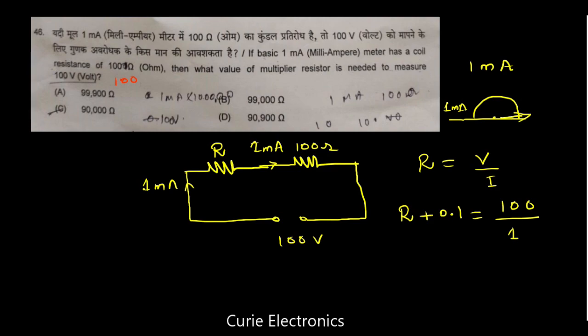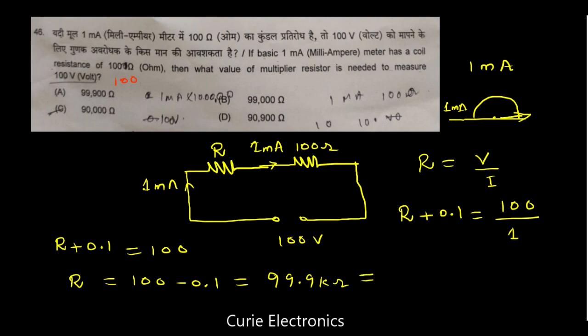So I will get R plus 0.1 kilo ohm equal to 100. Now R equal to 100 minus 0.1. This is equal to 99.9. It is in kilo ohms. If I want to convert it into ohms, I will do 99.9 multiplied by 1000. What I get? 99900. So option A is the right answer.